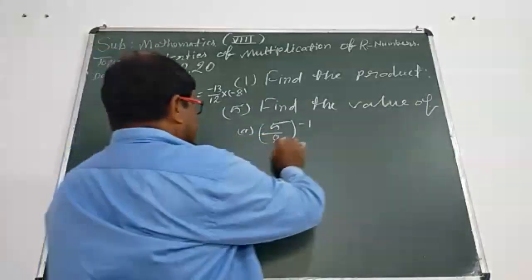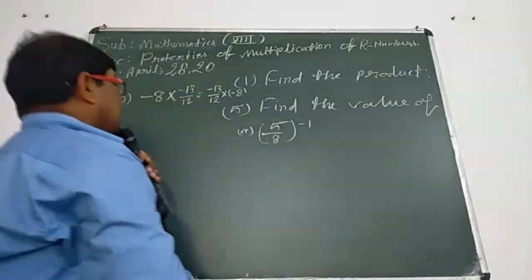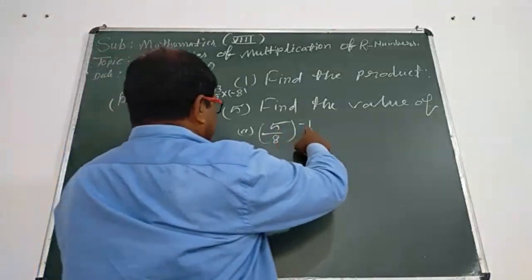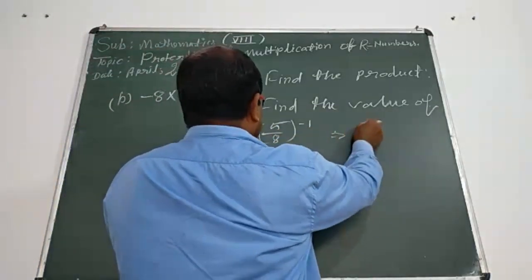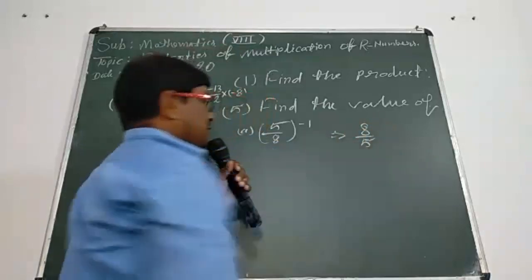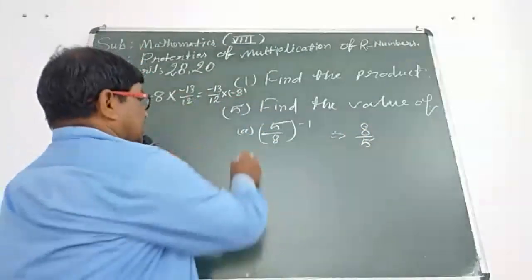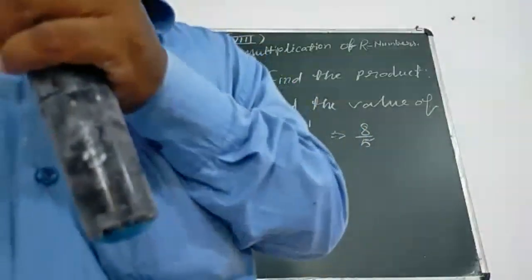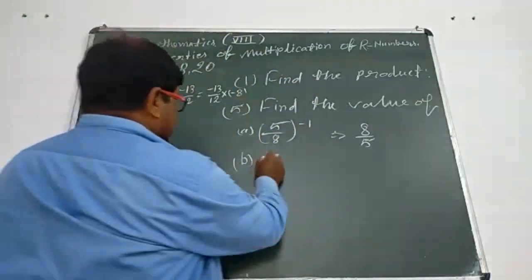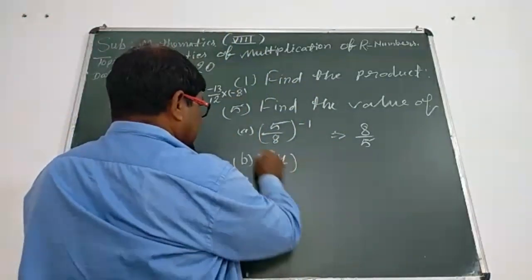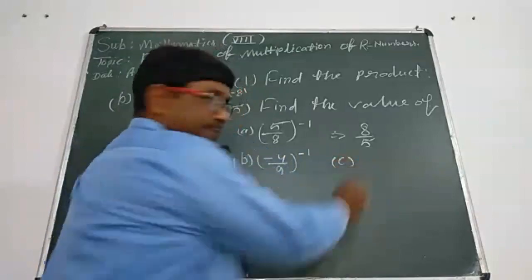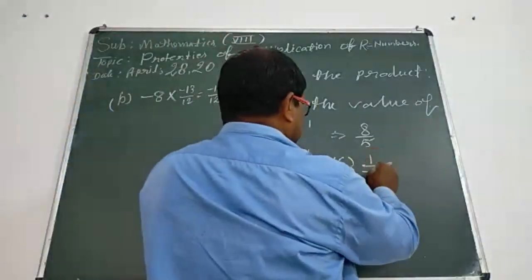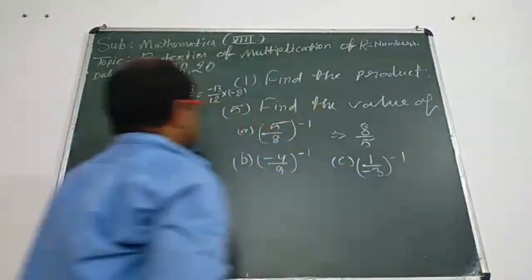You should mind the multiplicative inverse here. Multiplicative inverse of 5 upon 8 to the power minus 1 equal to 8 upon 5. Question number B: minus 4 upon 9 to the power minus 1. C: 1 upon minus 3 to the power minus 1.